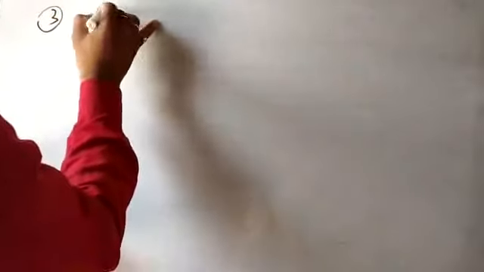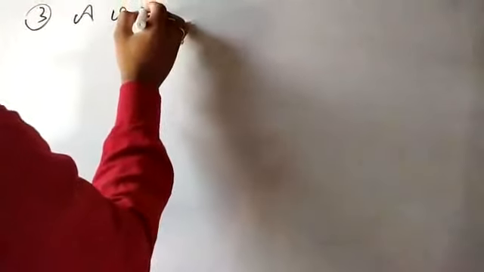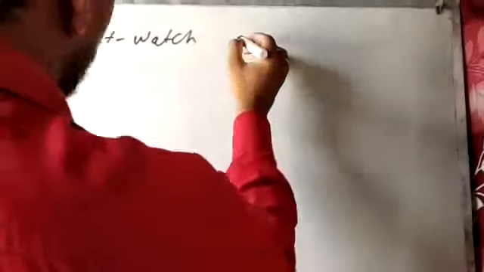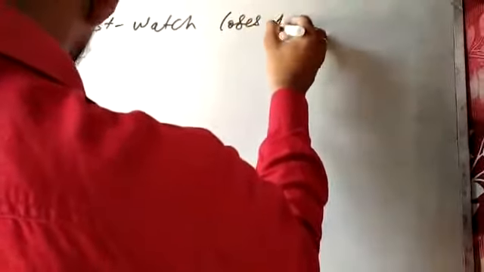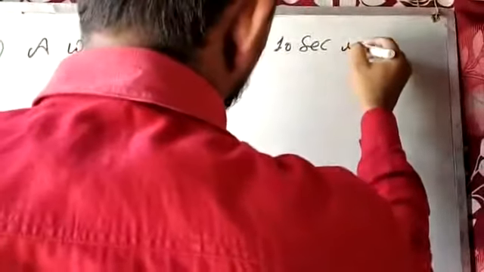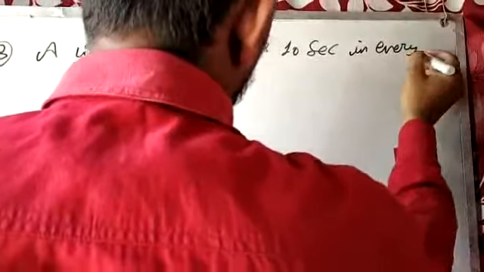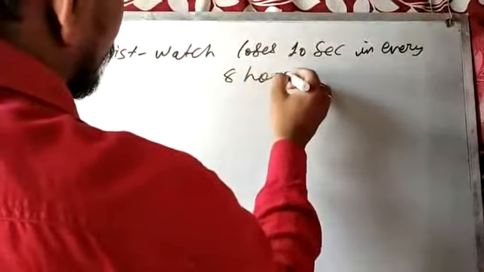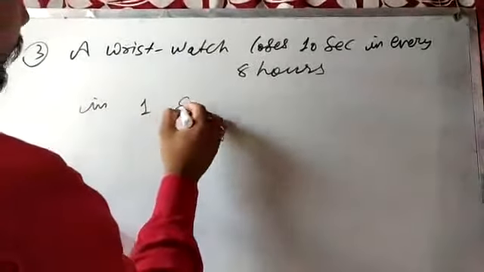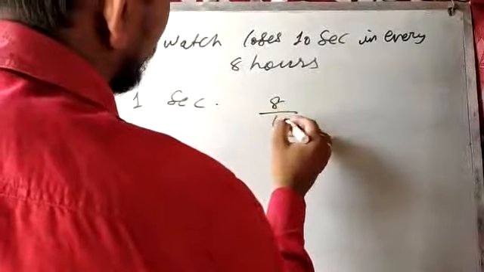See question number 3. A wristwatch loses 10 seconds in every 8 hours. So in 1 second, 8 by 10.